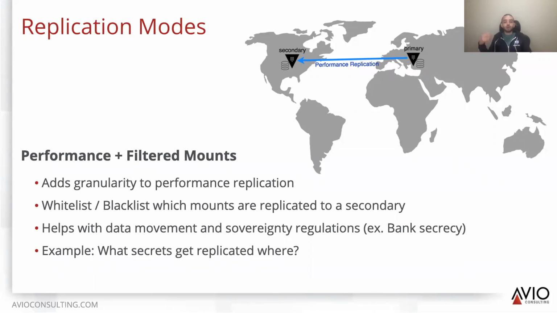So in data center one in Geneva, we could set up a mount filtering rule to not allow any of the transit encryption keys, or as a matter of fact, not allow any other piece of data except for, let's say, custom policies to get replicated down to data center two down here in Miami. Very cool, huh?